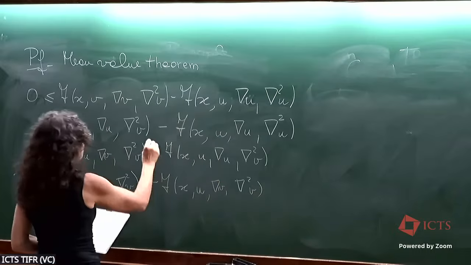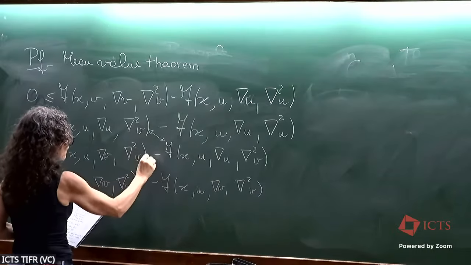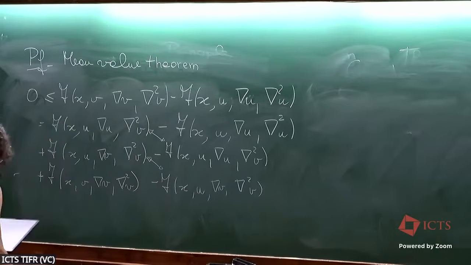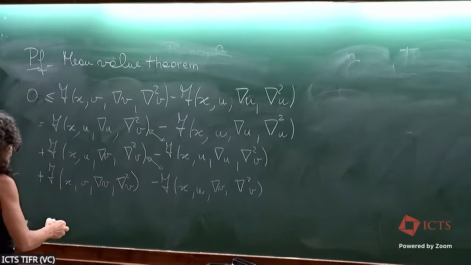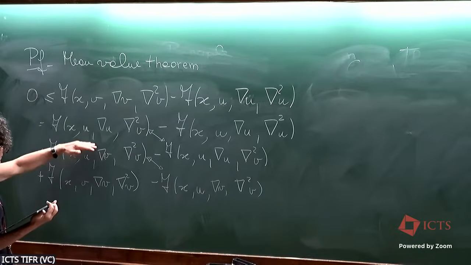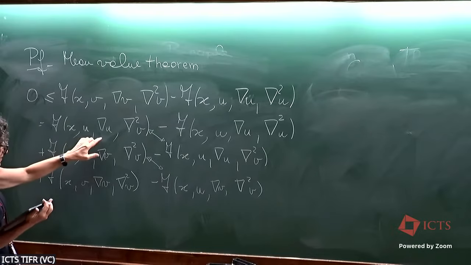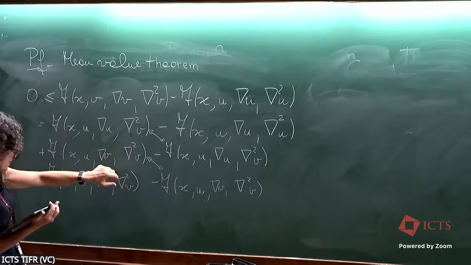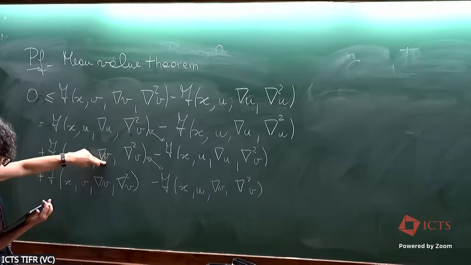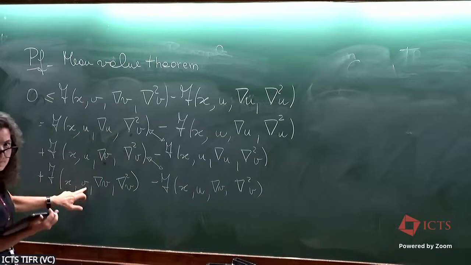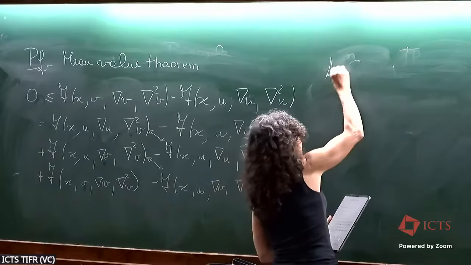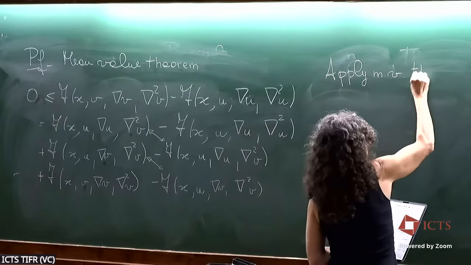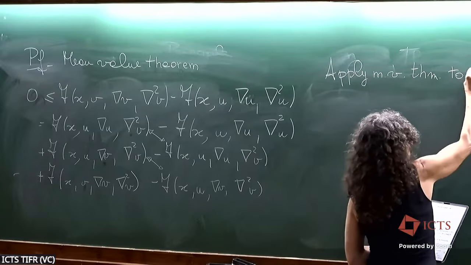Okay, you see that these two are equal, these two are equal, so it's fine. It's the right inequality. We apply now the mean value theorem to each line. We can do it because here you have just this as a different entry. Here you have the gradient, and here you have the function. So apply the mean value theorem to each line.